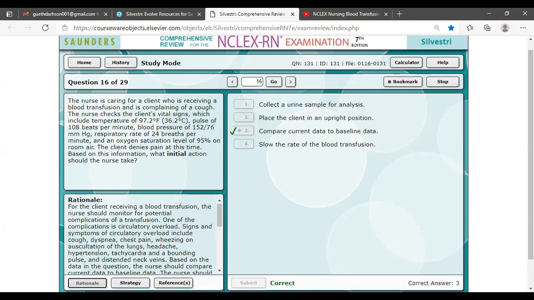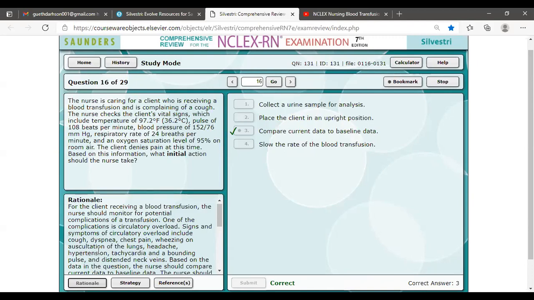So I said fluid overload: the patient must present with shortness of breath, any added sound in the lungs that we find in auscultation, or the patient develops edema. Headache, hypertension, tachycardia or bounding pulse, and distended neck veins are all complications of fluid overload.